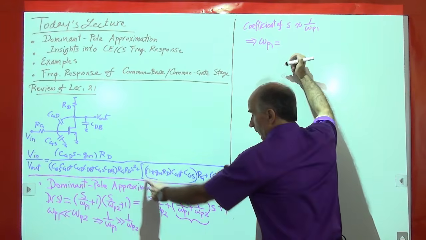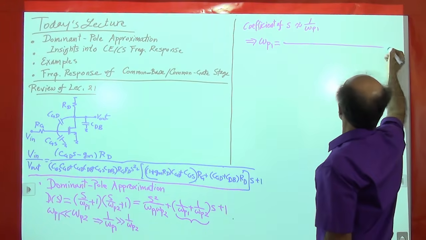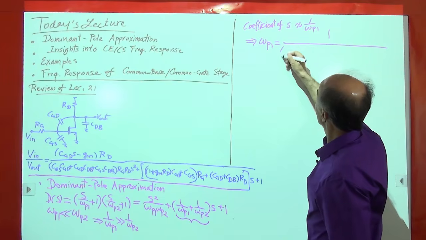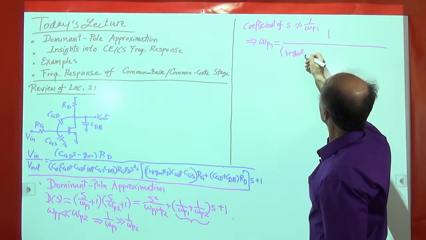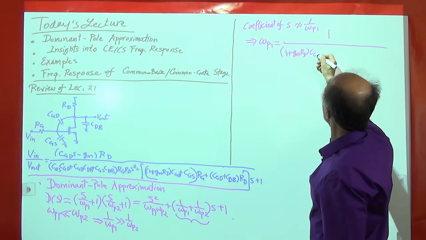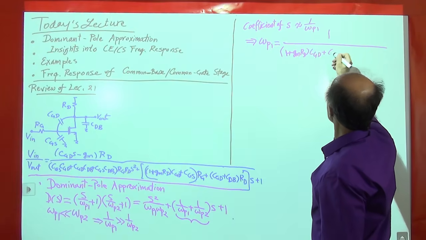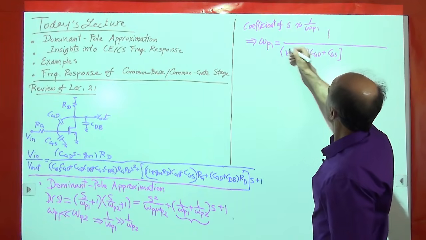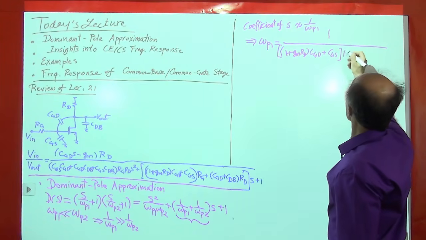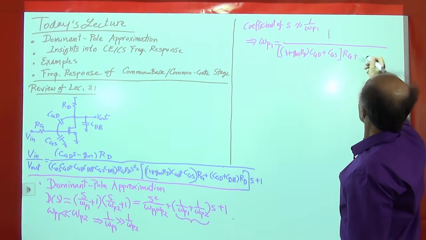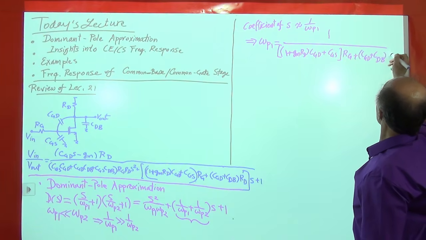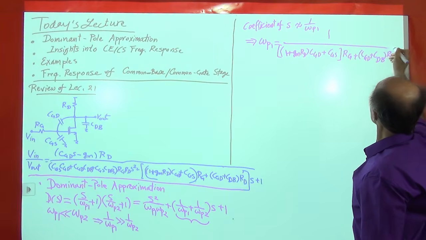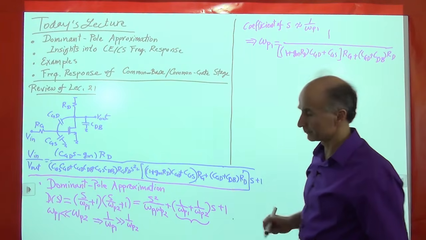So that would be equal to 1 over 1 plus GM RD CGD plus CGS times RG plus CGD plus CDB times RD, right? All of this stuff here.